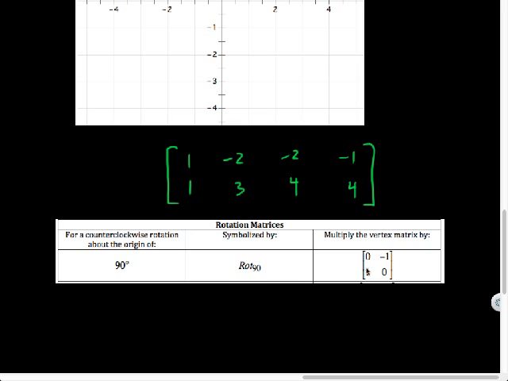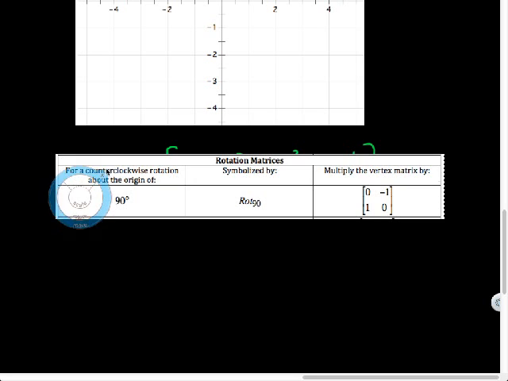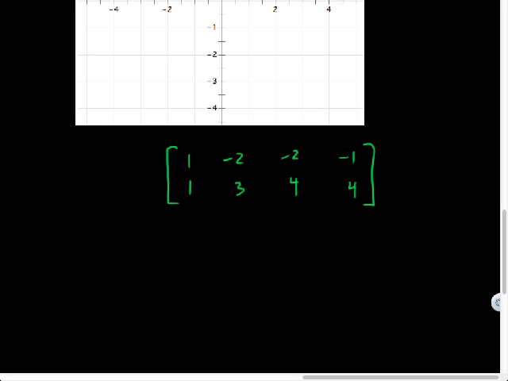It could make a little bit of sense over time. It turns out this matrix is going to switch the x and the y and make one of them the opposite. And that's going to be the same thing as a counterclockwise rotation of 90 degrees. So the matrix I want is 0, -1, 1, 0. Fortunately, all of these little matrices are square matrices, which is kind of good news. So 0, -1, 1, 0. So let's multiply on the left.